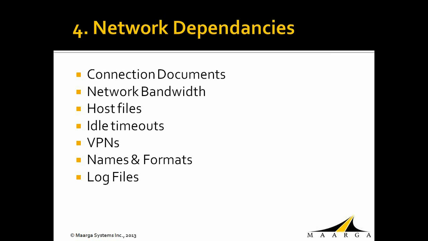What is the screen lock time of your desktop policy, as well as at the server level. We need to take care of VPNs that may be used for connectivity. We may need to look at the names and the formats that we use, the fully qualified format, or the common format, or the hierarchical format of servers, of IPs, and whatnot.